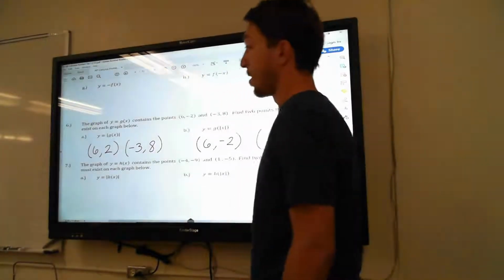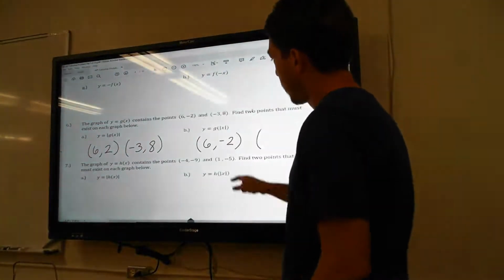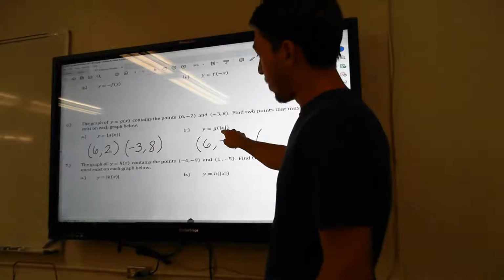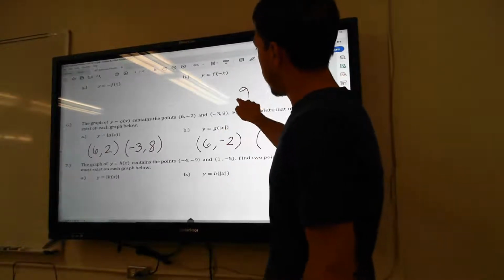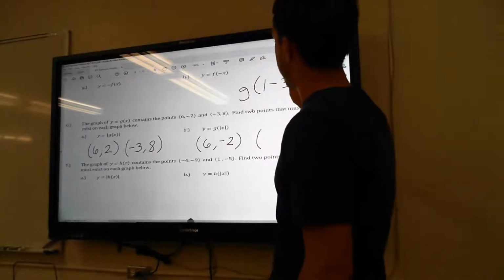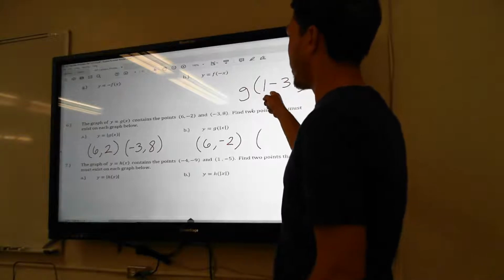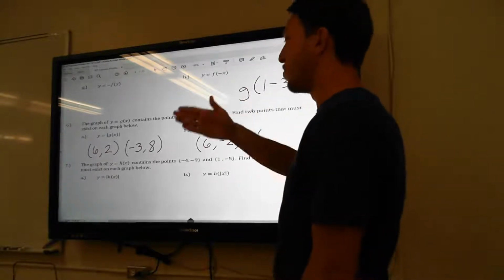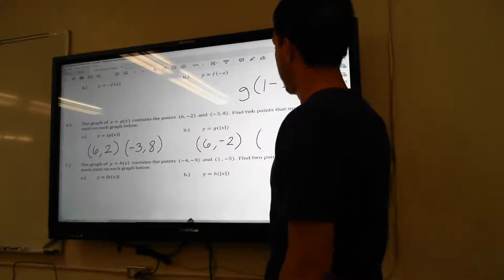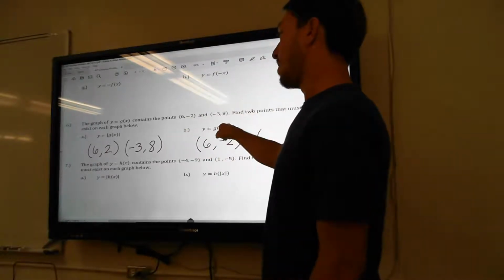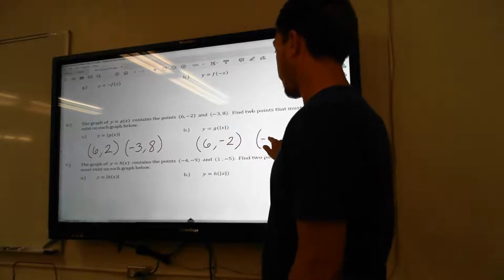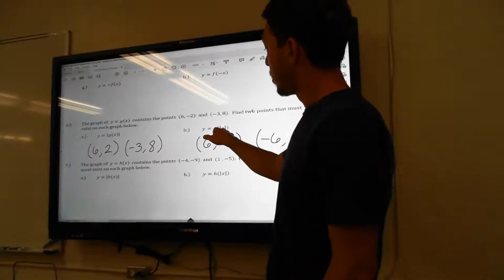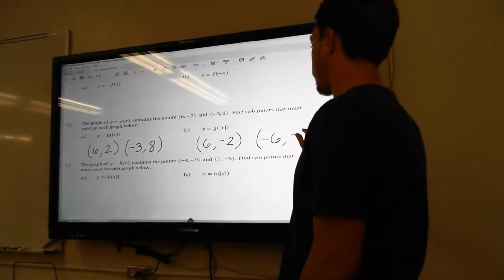Next, this is the really confusing one. If I were to plug in -3, it would read g of the absolute value of -3, which would be g of 3. What's g of 3? We have no idea. So that's actually obliterated information. It's gone. What we do know is that if I plugged in -6 for my x, it would read g of 6, which is -2.